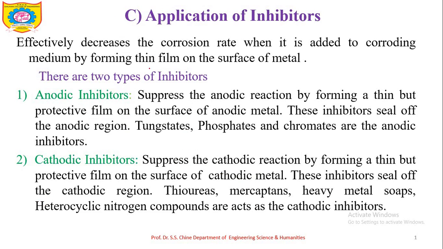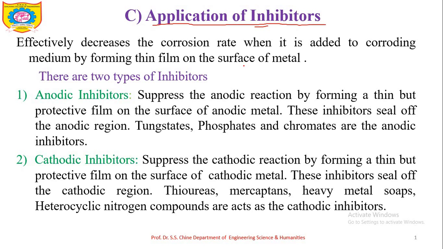Now the third method of corrosion control is application of inhibitors. So do you understand the meaning of inhibitor? Inhibitor means it inhibits or suppresses the rate of any reaction. Now in corrosion, suppose we consider wet corrosion. So which reactions occur?